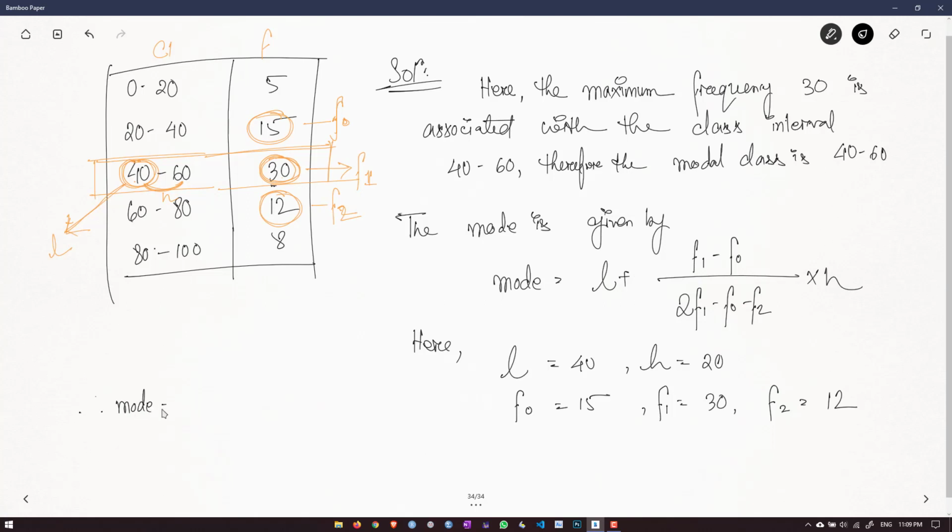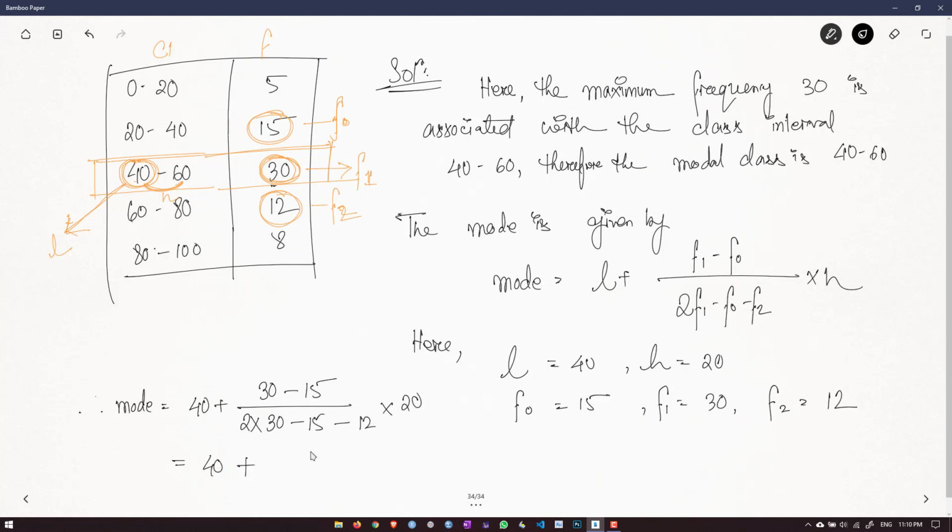Therefore, mode is equal to L, which is 40, plus f1 which is 30 minus f0 which is 15, divided by 2 times f1, which is 30, minus f0 which is 15, minus 12, into what is h? h is 20.